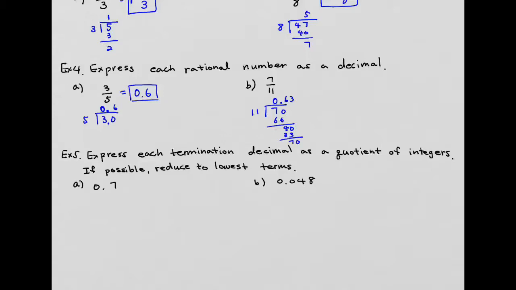So it looks like it's going to keep repeating, right? It's going to keep repeating 6, 3, 6, 3, 6, 3. Without doing it, you can tell, right? You got 70 back as you started. And if you have repetition, this is how you can show it. So 63 is the one that's repeating. So it will be 0.63 with the bar on top.